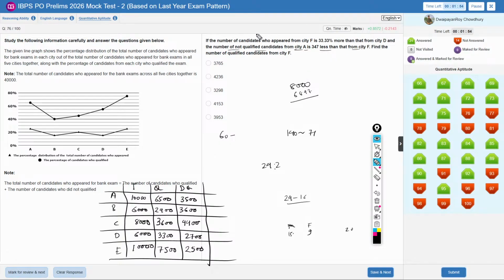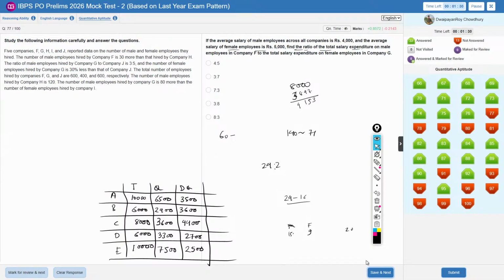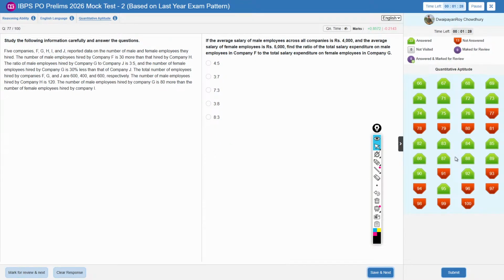More than that of D. Total number of candidates who appeared is this, and the number qualified from A is less than that of city. The not qualified is less than that of the city. So it was going to be 3, 5, that. So anyway, it was going to end with 53, then 1, and then 4.